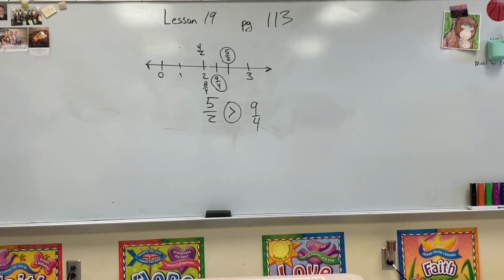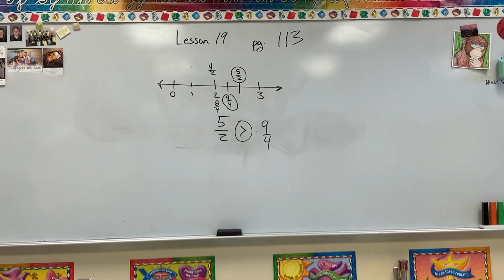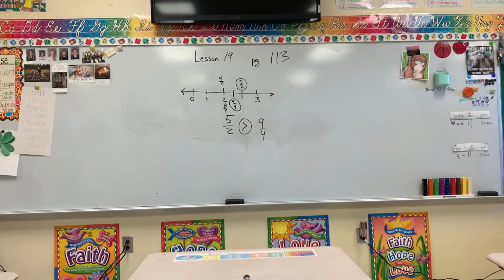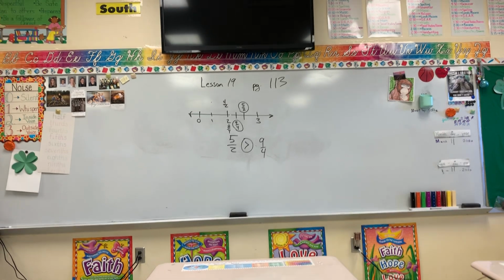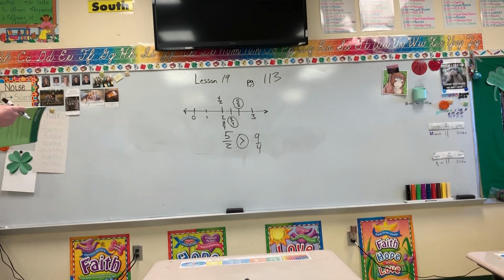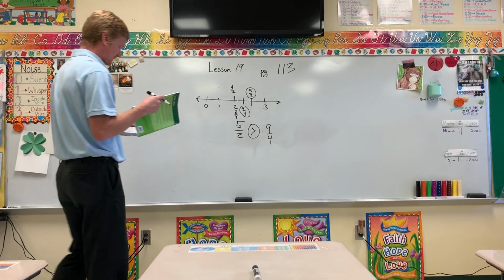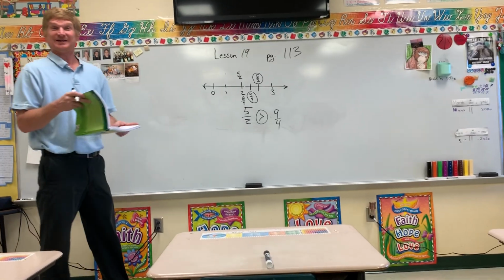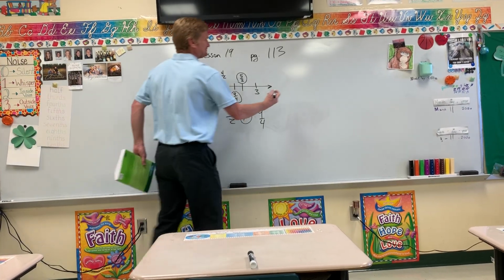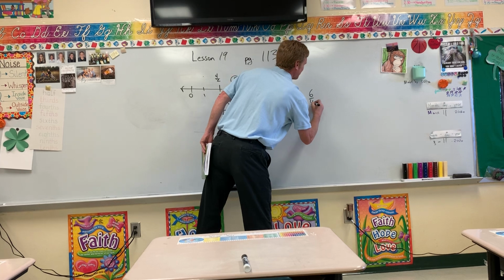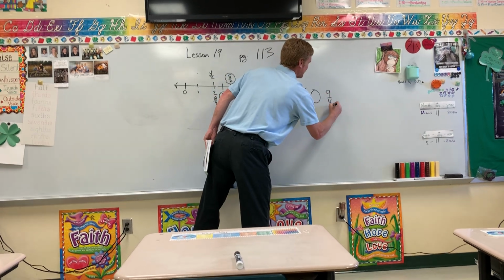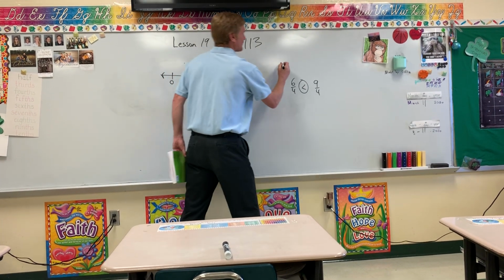All right. Good. Number 4 says choose a less than comparison and do the same thing on a number line. Which one do you want to choose, Mrs. Nutter? How about 6/4? That looks like an easy one. So we got 6/4 and 9/4.